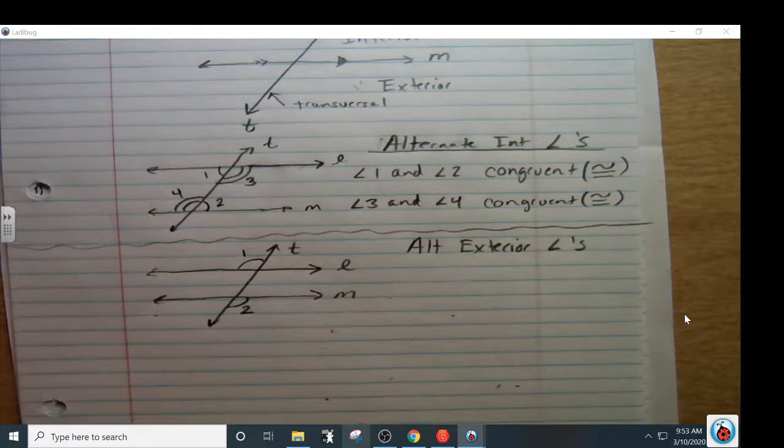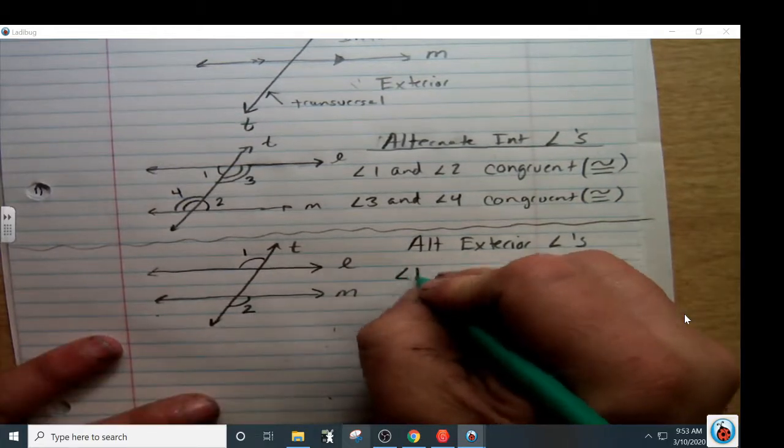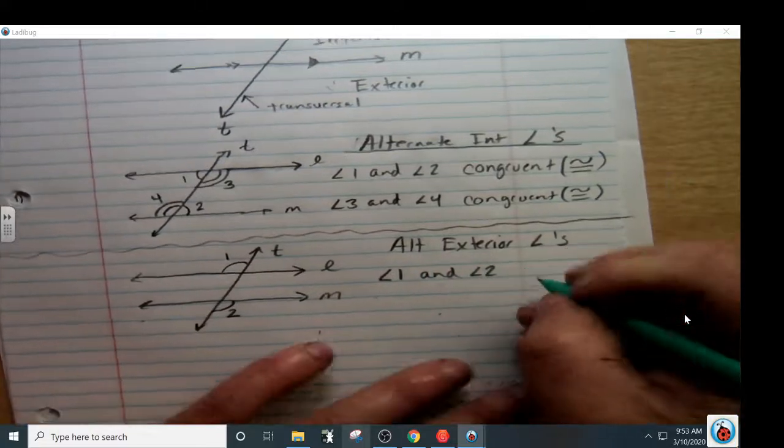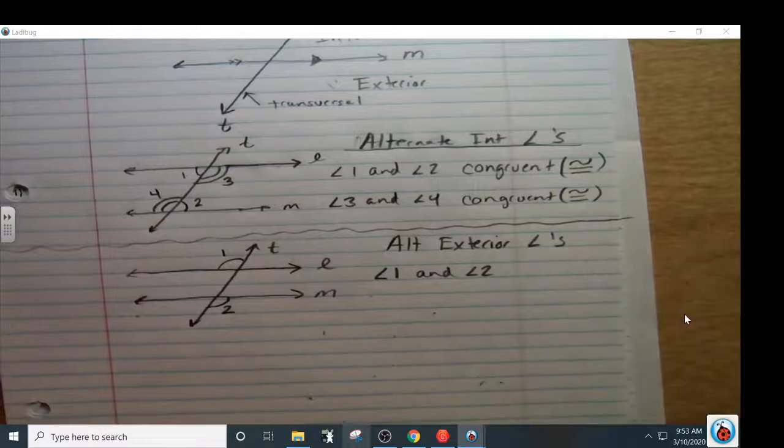So angle 1 and angle 2 are alternate exterior. Okay?